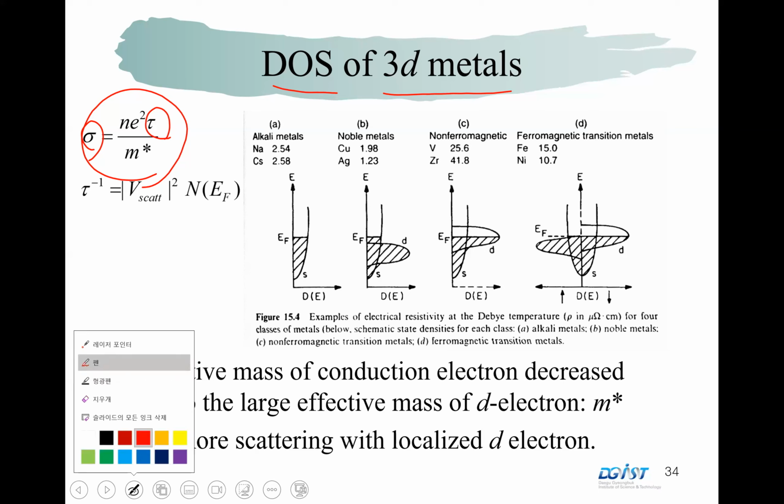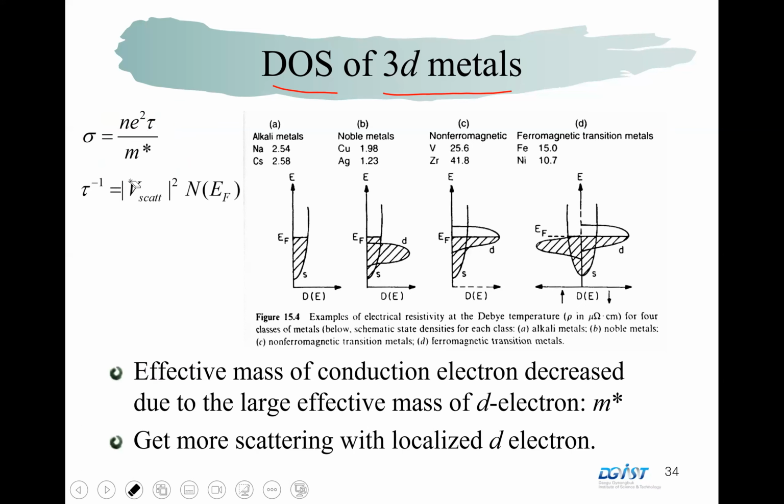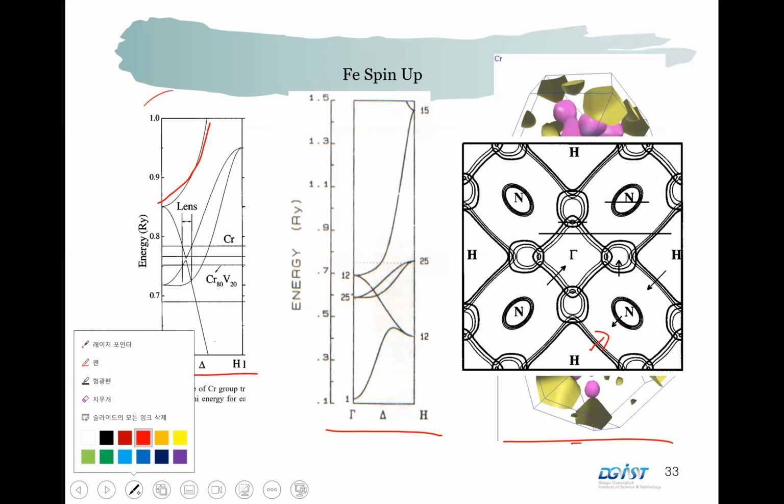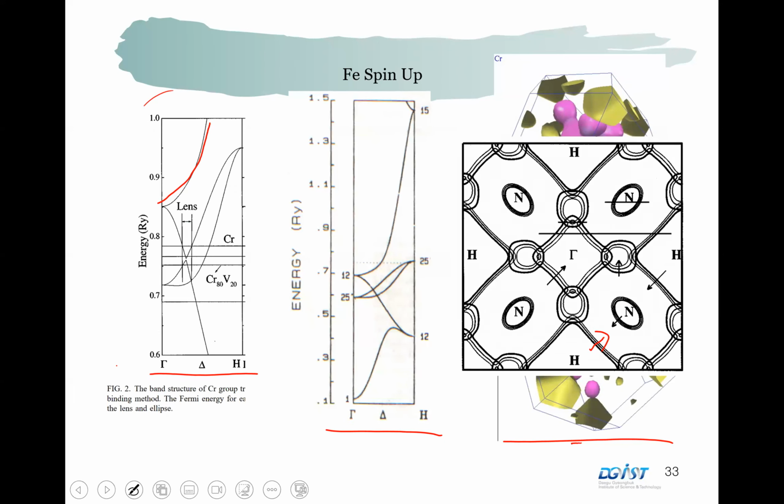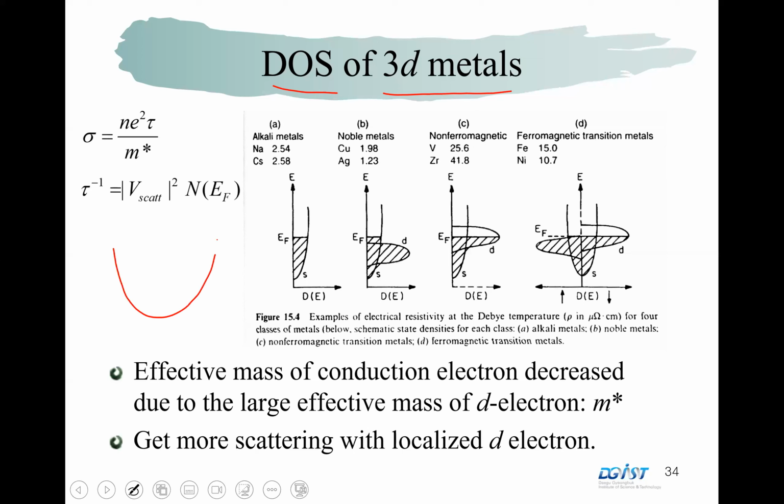And what is this m star? Yeah, that is called the effective mass of the electron at a given band. And much information about the band is represented by the effective mass. Okay. Because in a free electron, as we already know, the band structure is usually parabolic and proportional to k squared.